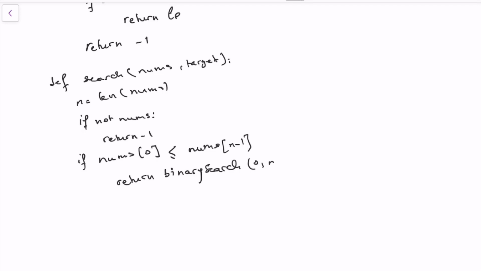We need to give it the first value, last value, and then the target we are looking for. And of course, we need to give it also the array. So nums, start searching from 0 until the last value in the entire array, because it's sorted basically, and look for target.